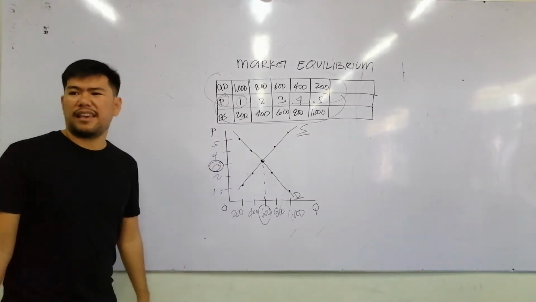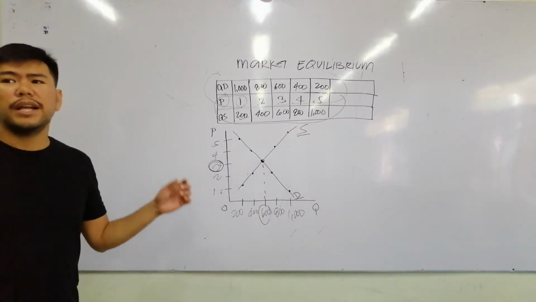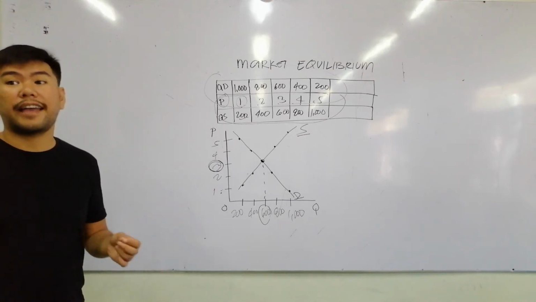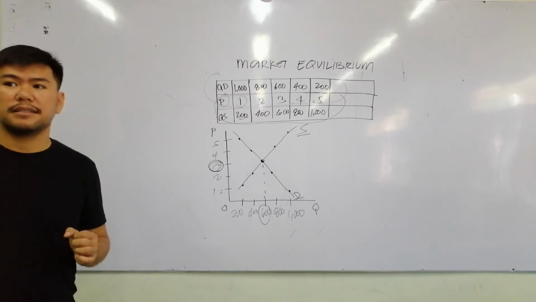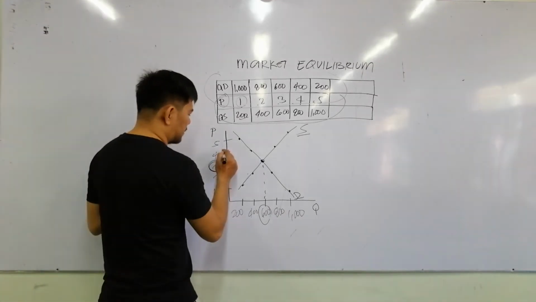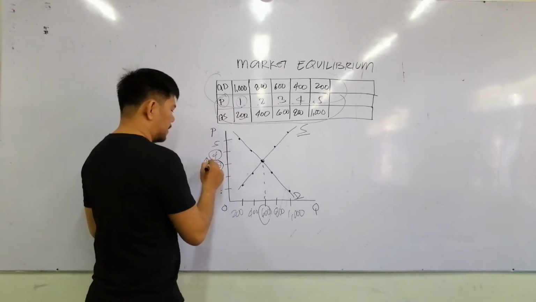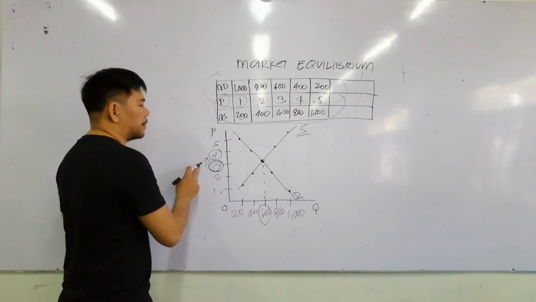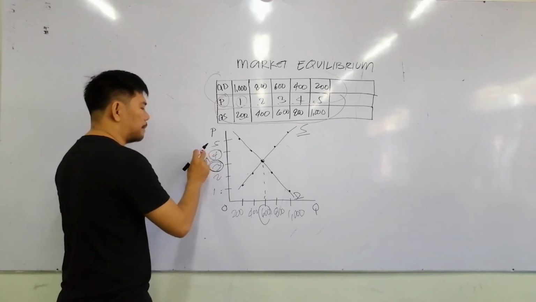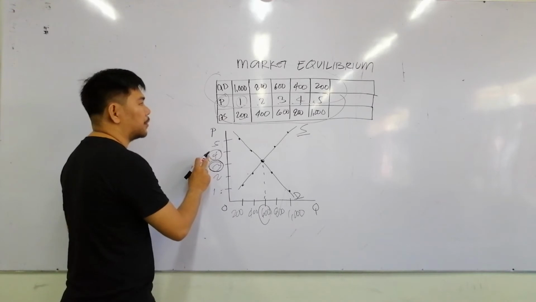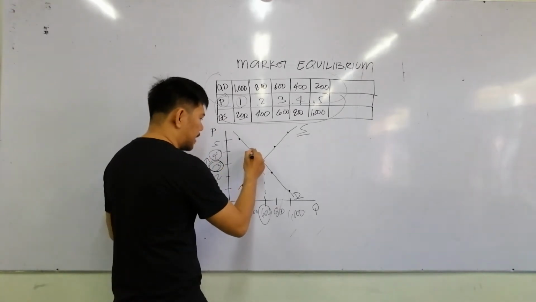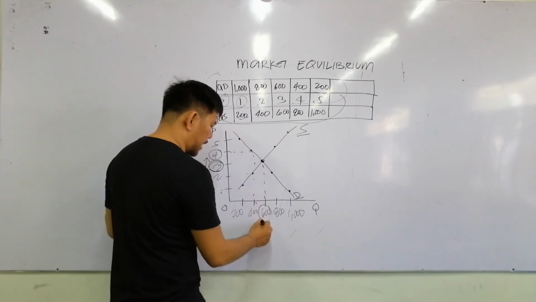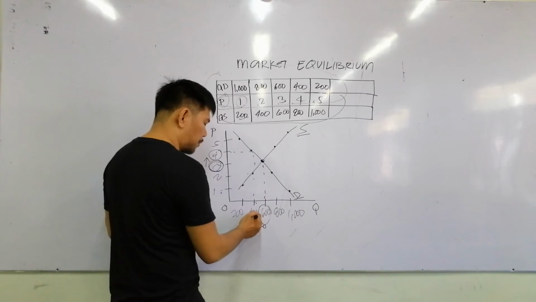The question here is this: what will happen if the seller sets the price at 4, higher than 3, the equilibrium price? Let's take this point here. The seller increases the price from 3 to 4. Note that the price has increased by 1 peso. But look what happened to your quantity demanded. It decreases by 200, from 600 to 400.